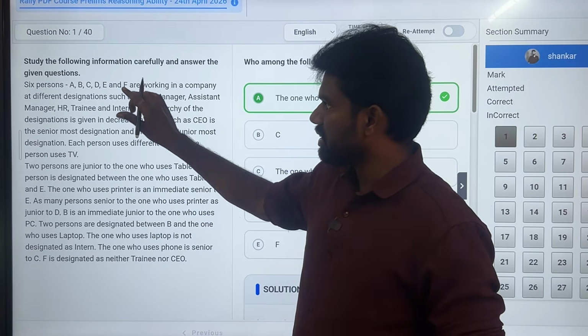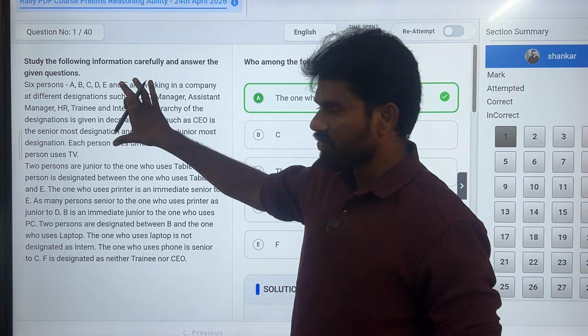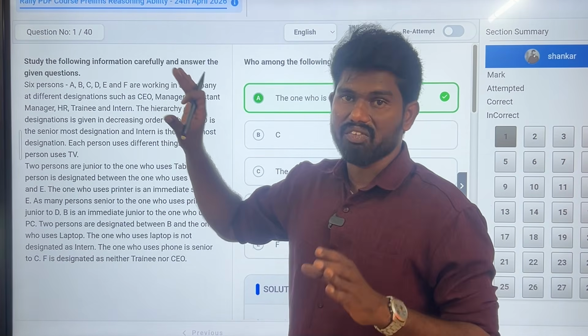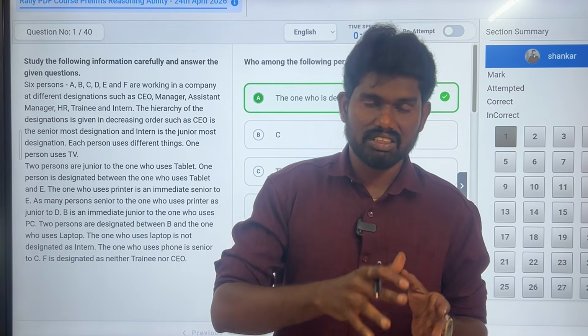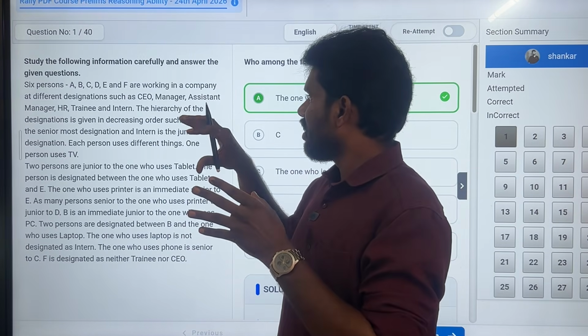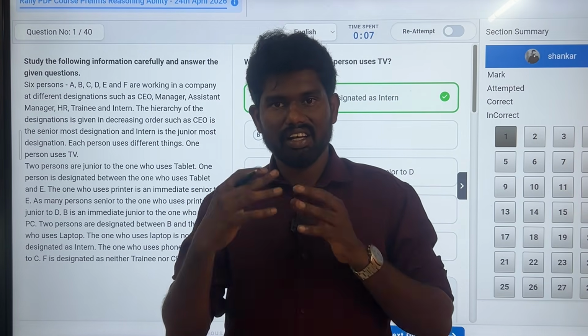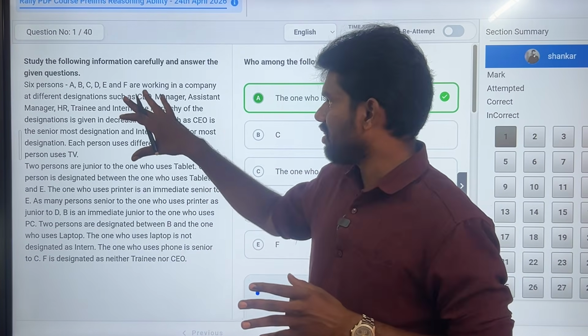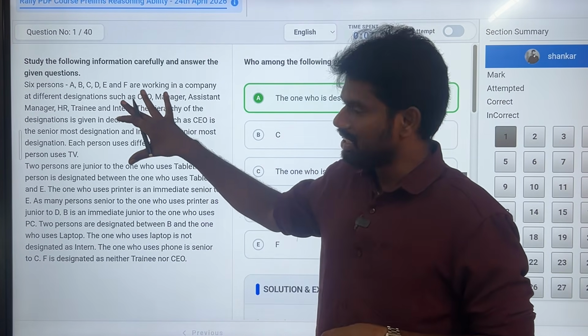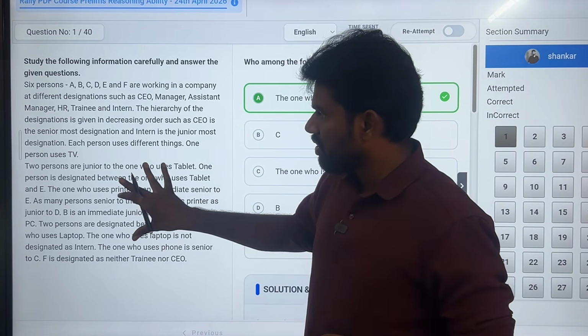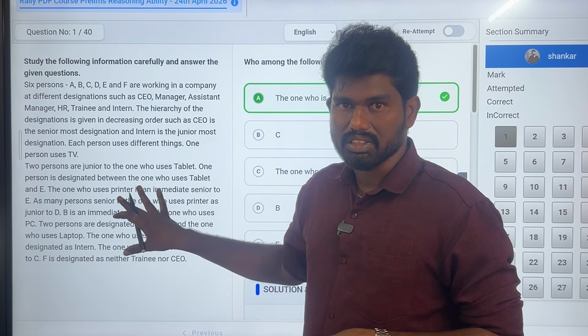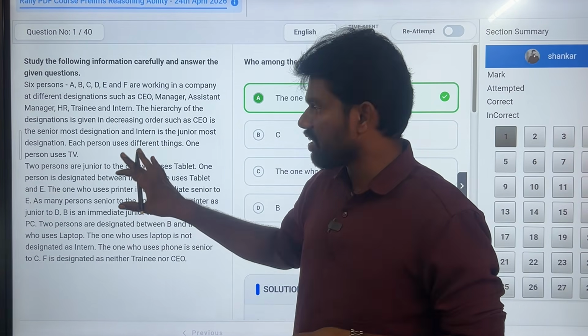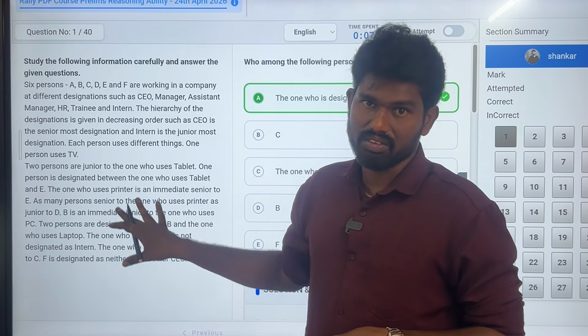The given information is the introduction statement of the puzzle, such as which persons belong where or like different things. According to the statements, you are going to solve the questions.